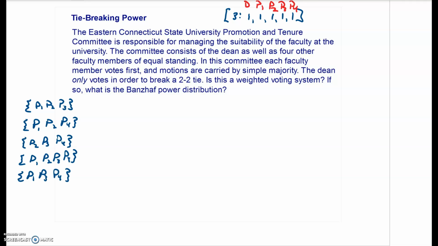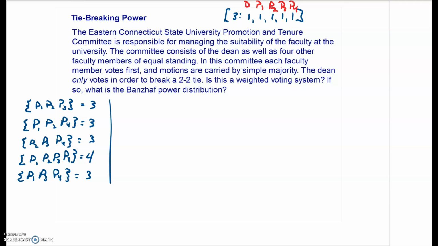So these are all the separate winning coalitions. Each weight here, the first one is 3, the second is 3, the third is 3, and the last one is 3. This fourth one will have a weight of 4. So those are all the ways that we can have winning coalitions without the dean being involved.